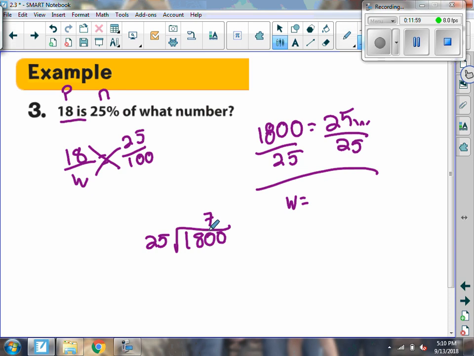That's 25, 50, 75, 100, 125, 150, 175. So 180 minus 175 is 5, and I'm going to bring down this 0. 25 goes into 50 2 times. So W is equal to 72.